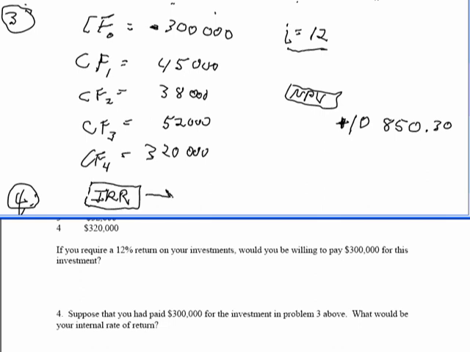The calculator might take a second or two because it's crunching numbers and finding that rate that makes the NPV equal to 0. And it should show you 13.22%. So the internal rate of return on this investment was higher than 12%. It's actually 13.22%.